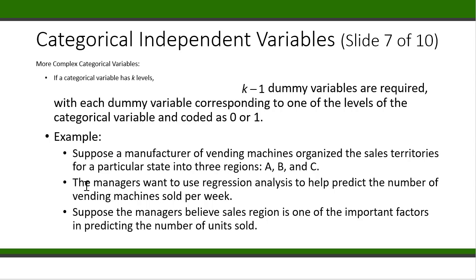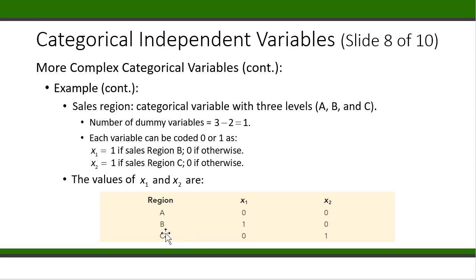And so the second bullet here says, okay, if you want to use regression analysis to help predict the number of vending machines sold per week, and you want to use what region they're in, especially if you're the manager and you believe that it's an important factor in predicting the number of units sold. So how are we going to represent that?